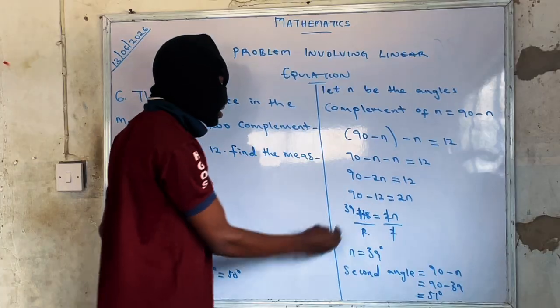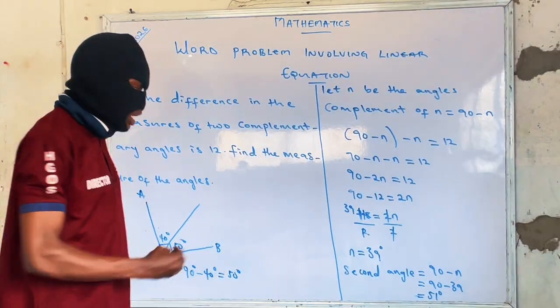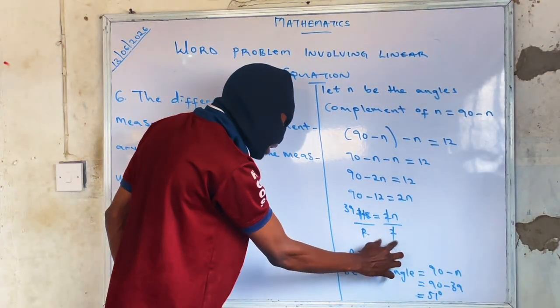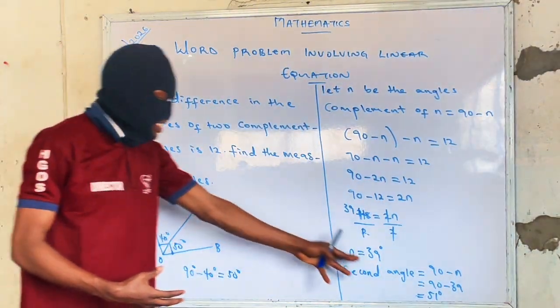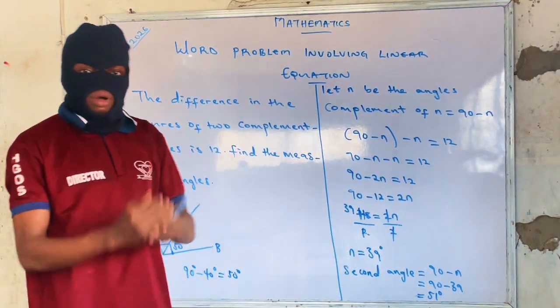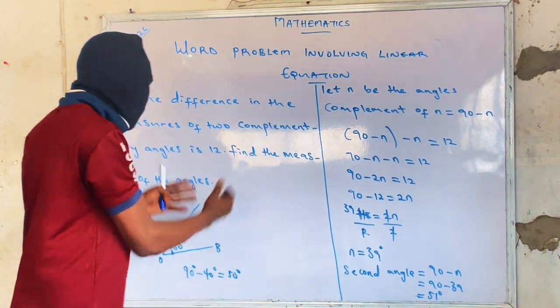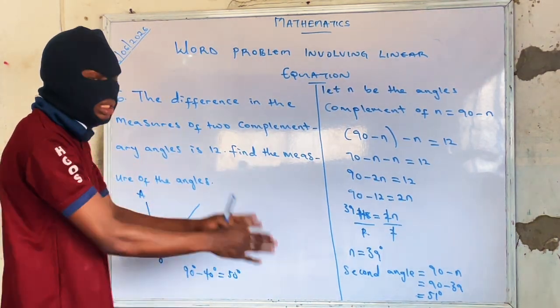So it's telling us that our complementary angles are 39 degrees and 51 degrees. If you sum them up, 39 plus 51, it will still give us 90 degrees. So these are the measures of the angles.